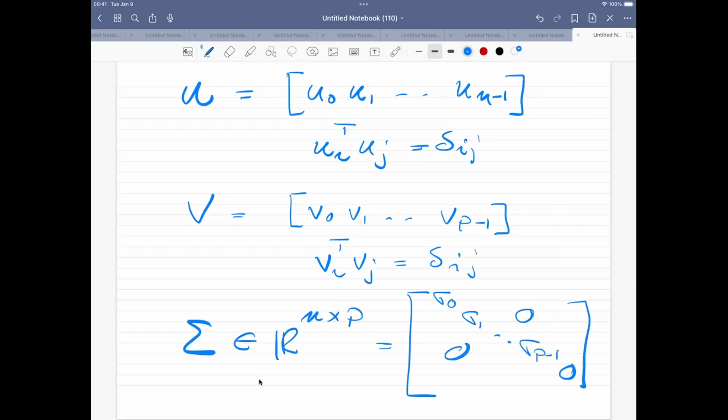So the matrix has dimensionality n times p, but it has a set of values along the diagonal which do not need to be non-zero. We call these quantities the singular values. And these quantities are normally organized so that sigma_0 is larger than sigma_1, larger than sigma_2, and so on up to sigma_{p-1}, which is larger than 0.